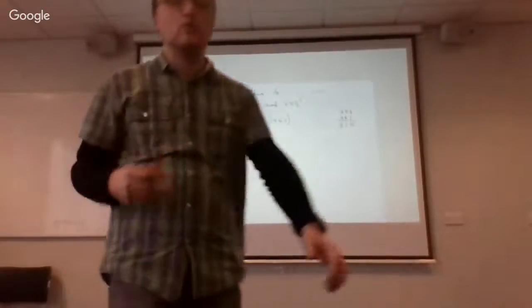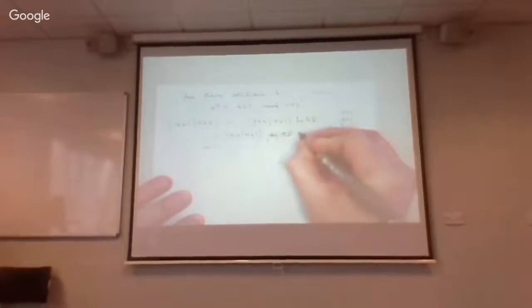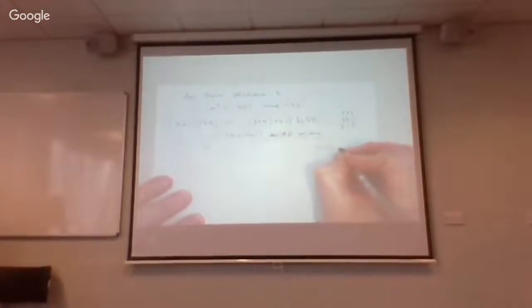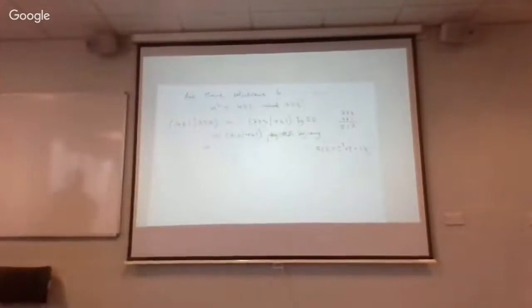So that's using quadratic reciprocity. Sorry, this first one was by QR. This one is by congruence. And 312, my computer tells me, is 2 cubed times 3 times 13.